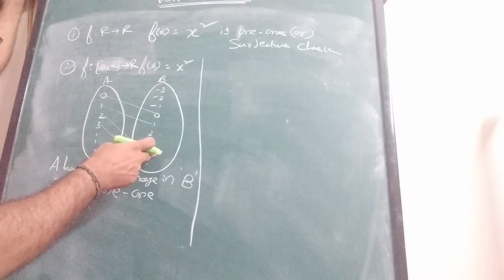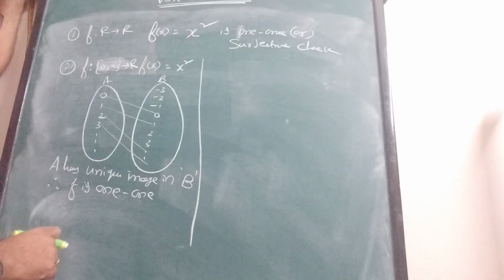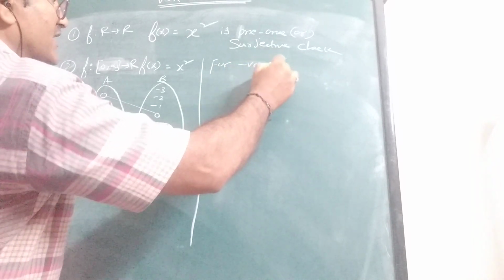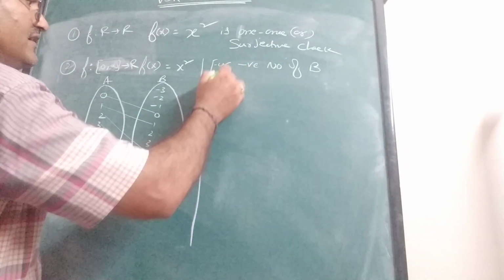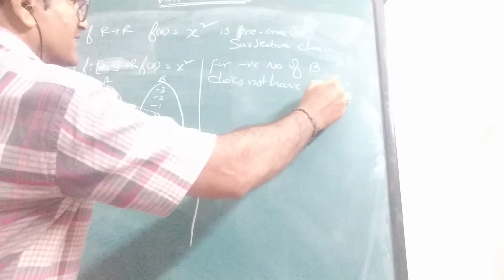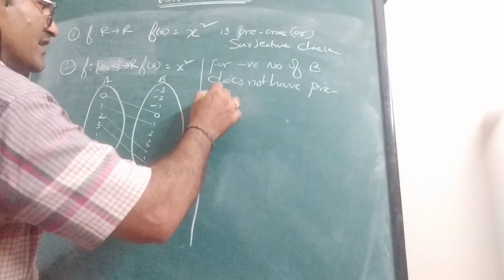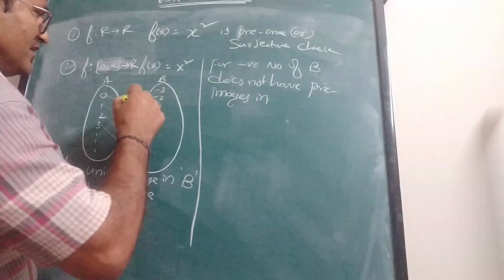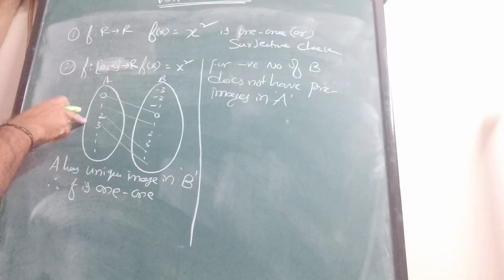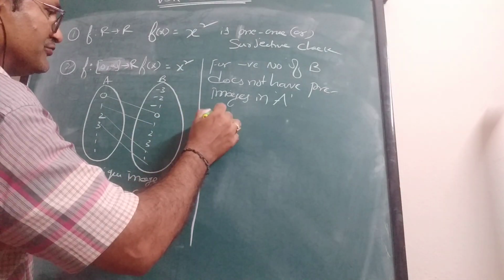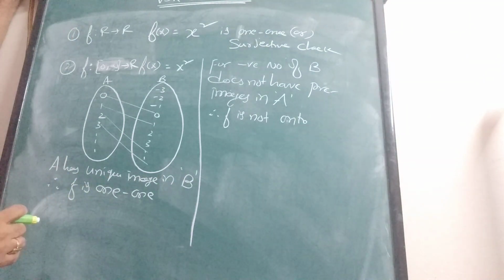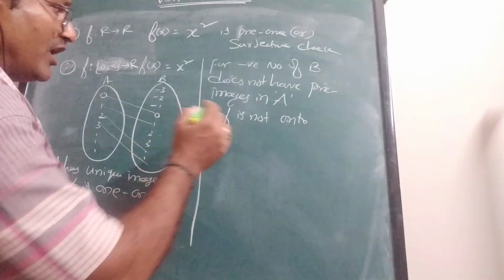Some positive elements and some negative elements are also there, and the negative numbers of B do not have preimages in capital A. They should be in capital A, but there are none. Therefore, f is not onto, or surjection.